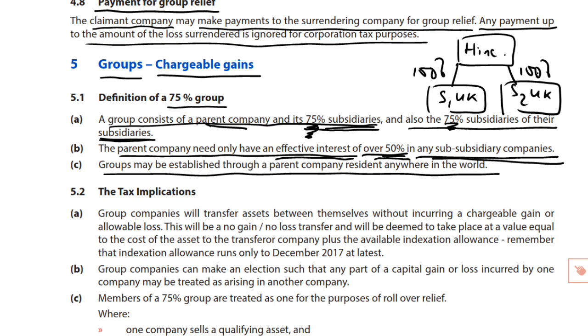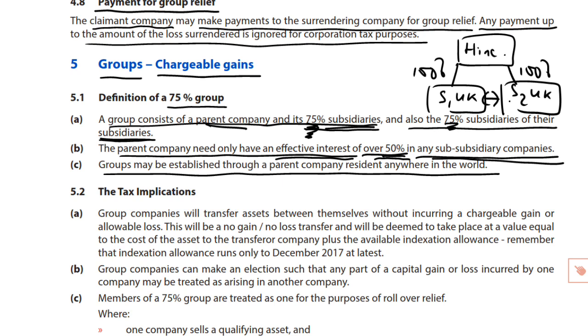What that meant for group relief purposes, I hope you recall, is that S1 and S2, the two UK companies, they are in the same 75% group, and even though they are held within that group by a non-UK resident parent company, doesn't matter. S1 and S2 were able to group relieve. Neither would be able to group relieve with the overseas parent company.